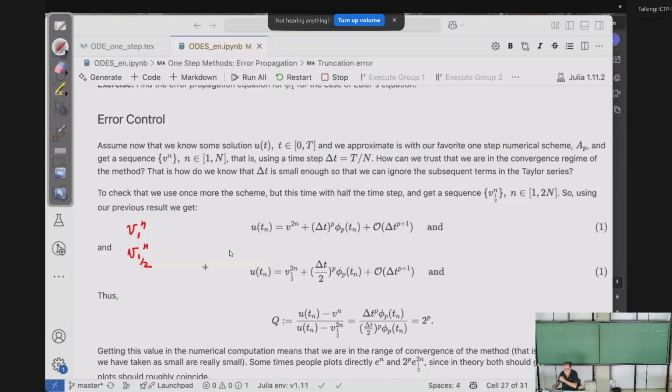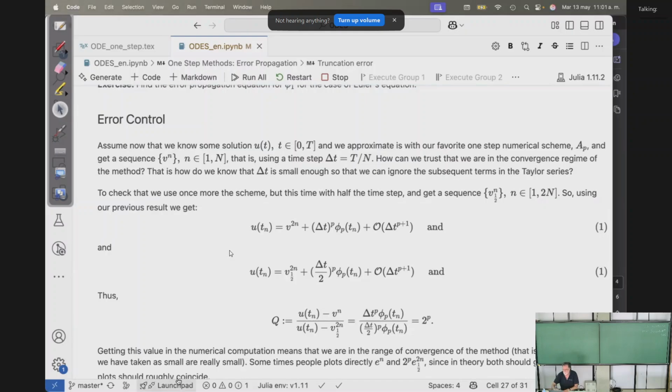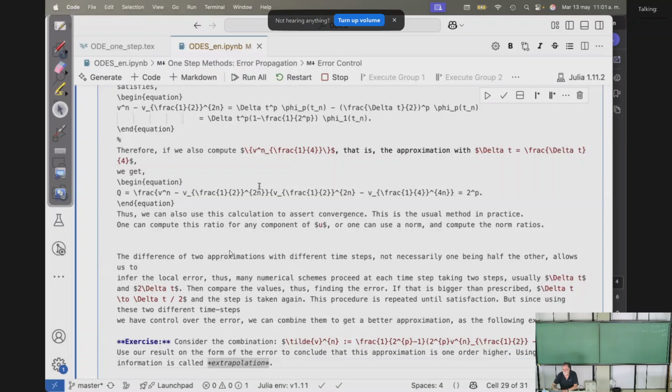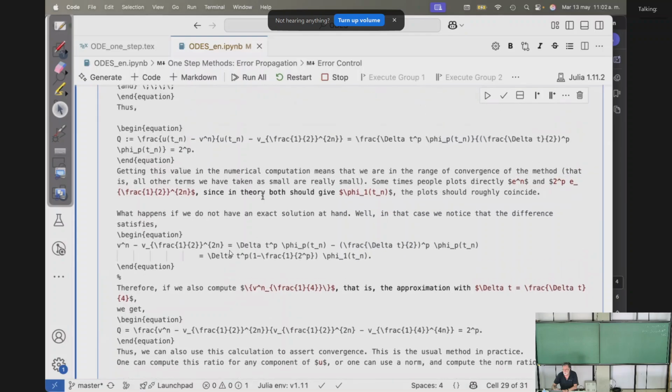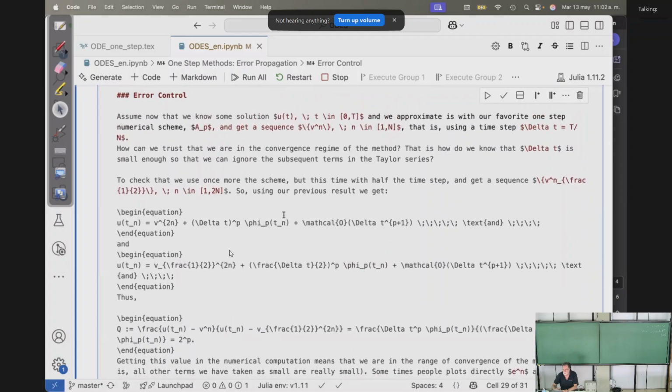Suppose you have the solution u at t_n. Here this 2 is wrong, let me change it now. It should be 1.